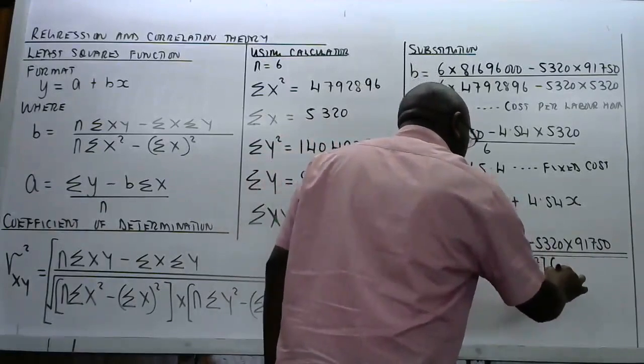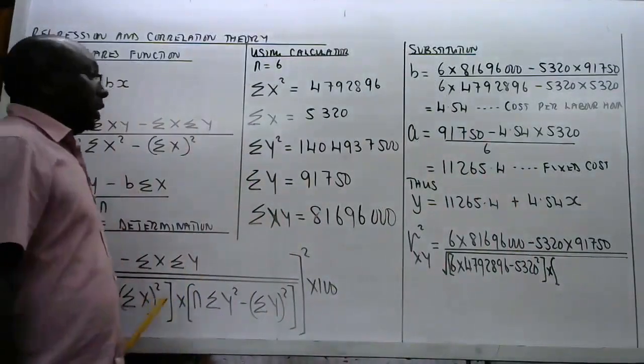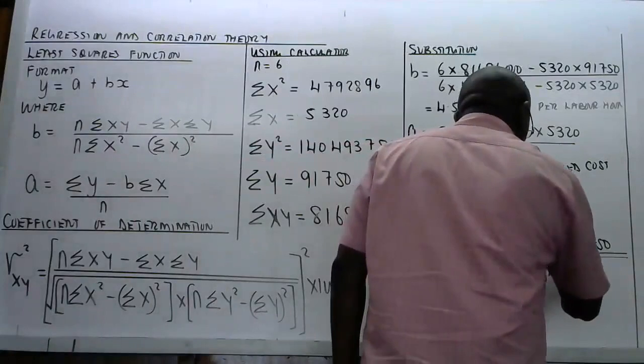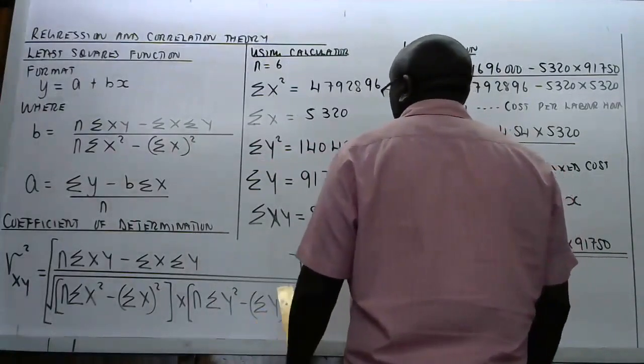Then times 6 multiplied by sum of y squared.